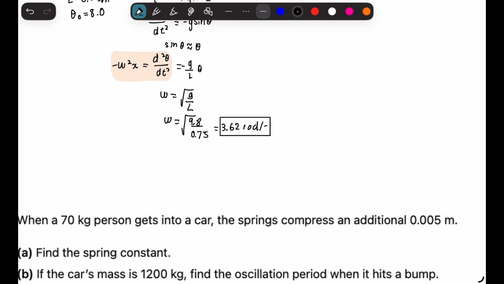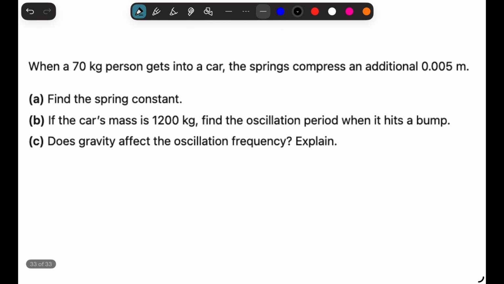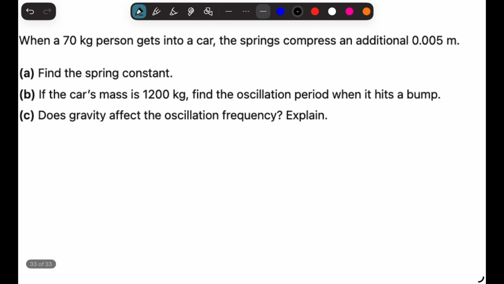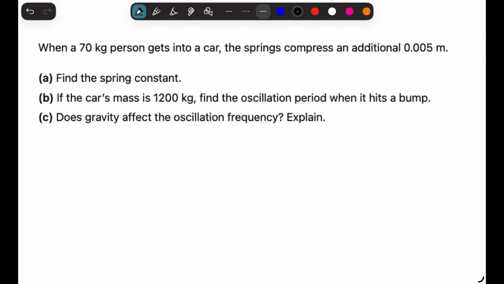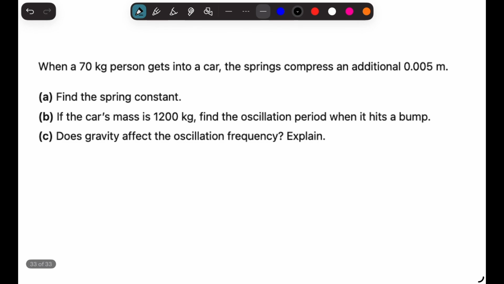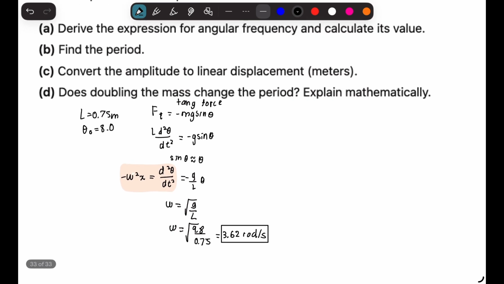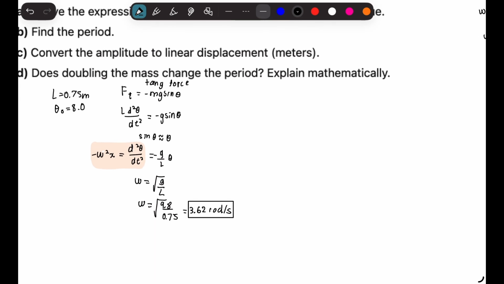0.62 rad per second. Well, actually first, I realized I did not finish this question.